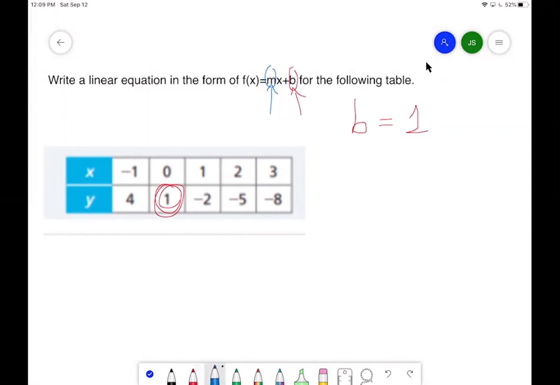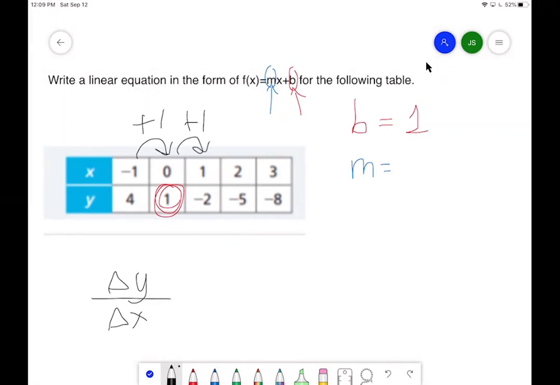The next thing, my slope. Remember, the slope is just finding the pattern, the rate of change that's happening in the table. And that goes again with change of y over change of x. And that's exactly what the triangles represent, just in case you didn't know. So again, let's look to see what is the change of x here. So I see that they're adding by 1, and I just have to make sure that it's the same case for everything.